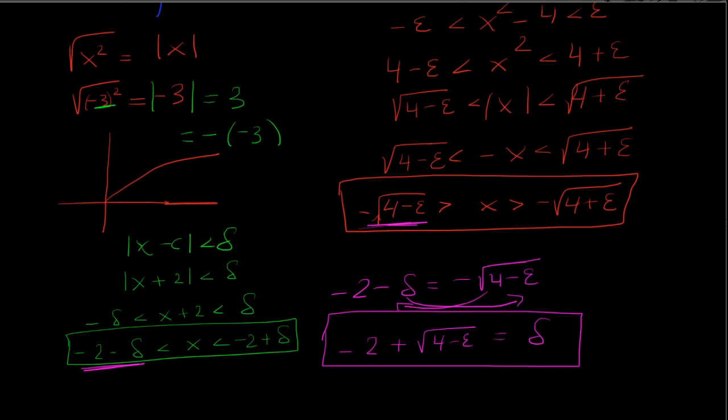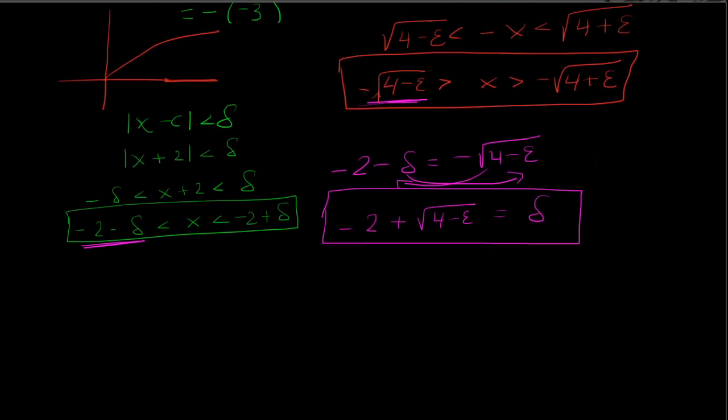And then I'm going to set the upper bounds, so the negative 2 plus delta equal to the negative square root 4 plus epsilon. So if I add 2 to both sides, I'm going to get delta equal to 2 minus square root 4 plus epsilon.